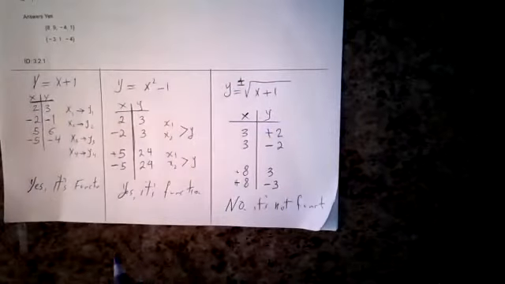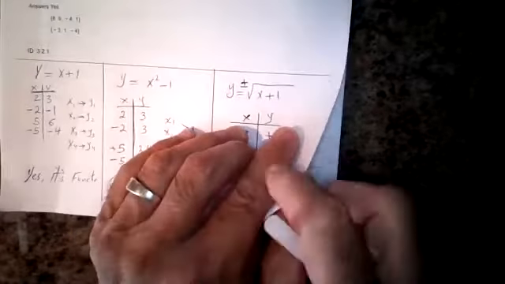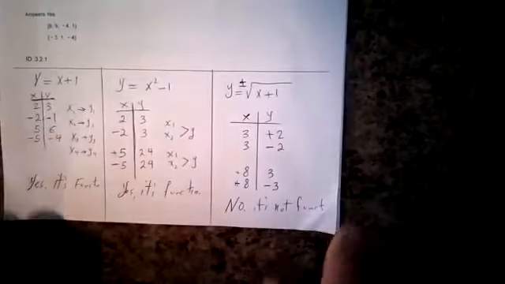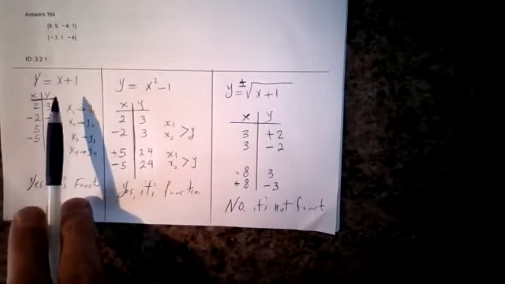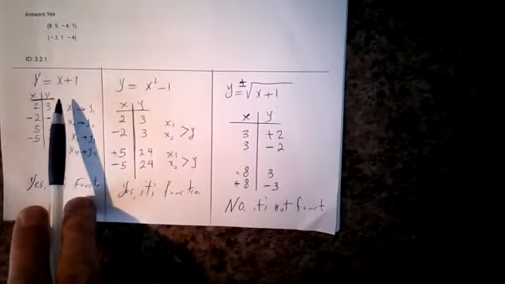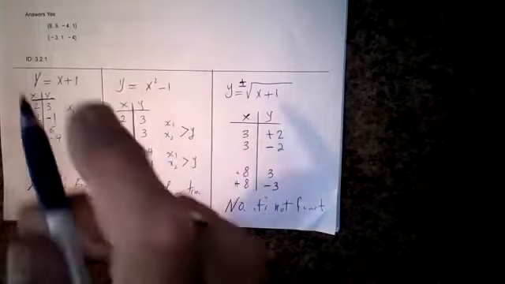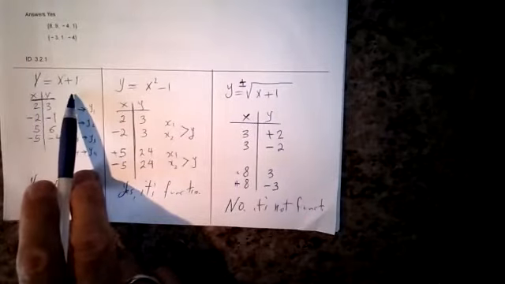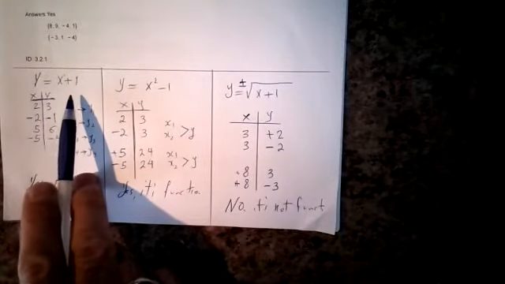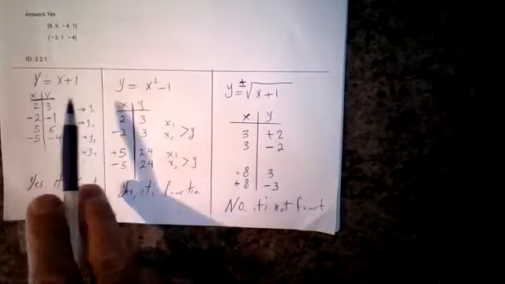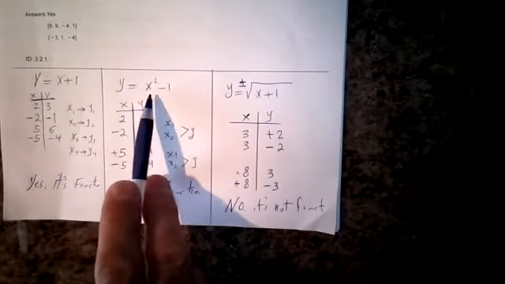What I did, I listed 3 equations for you here. The first one is the linear equation, which is a straight line. Remember, because the power of x is 1. If the power of x is 1, when you graph it, you see a straight line. And the second one, the power of x is not 1, it's 2.